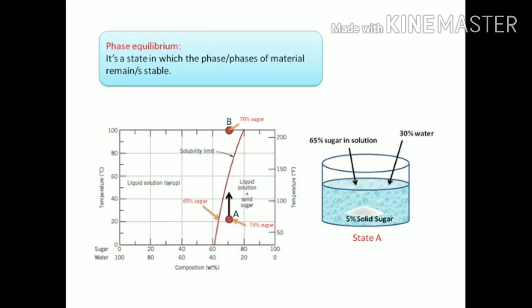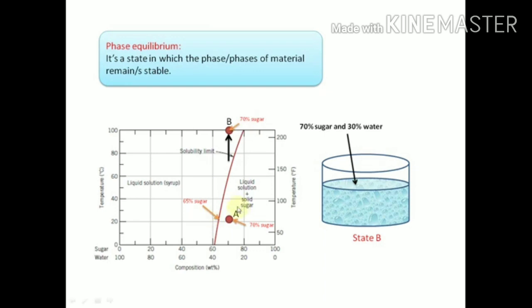If we increase the temperature from 20 degrees to 100 degrees Celsius, the state changes from A to B. At 100 degrees Celsius, the plot says the solution can have a maximum of 80% sugar.